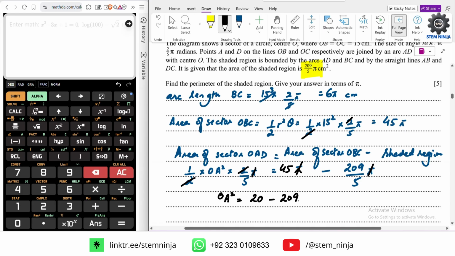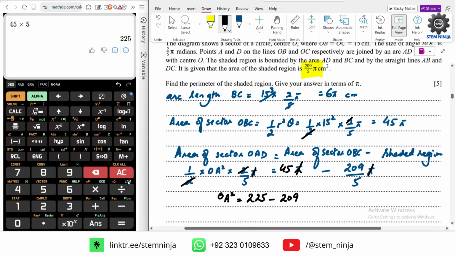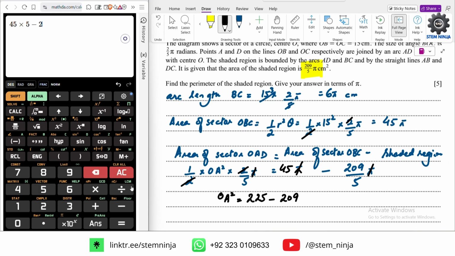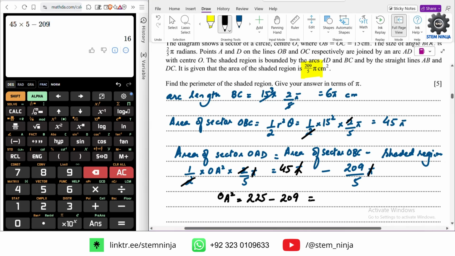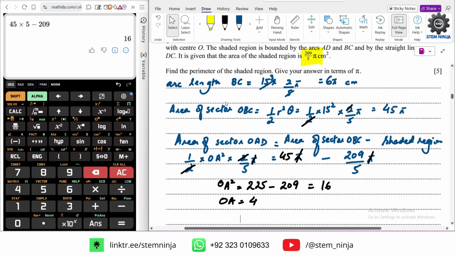So 45 times 5 is 225, and 225 minus 209 is 16. So OA is going to be 4. Obviously, we can't have a negative length, so we will discard the negative choice. Right, okay. So what do we do further now?